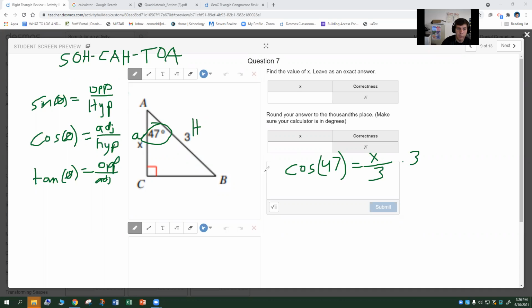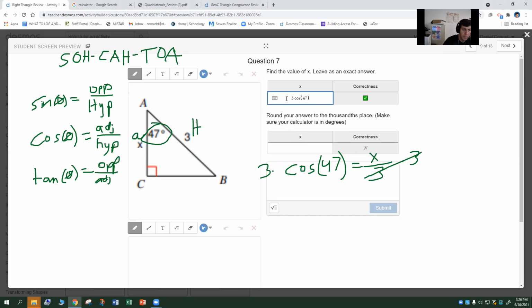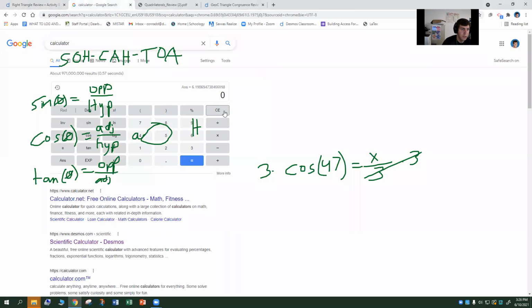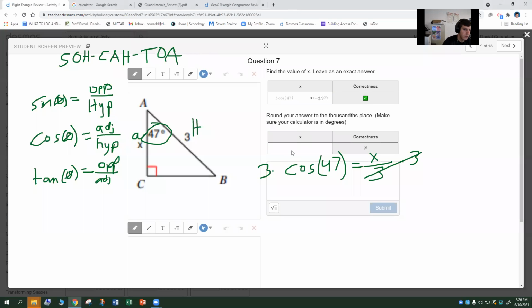And then we can multiply both sides by 3 to get x by itself. So 3 cosine 47. Right, put that in the calculator. 3 cosine 47. Make sure in degrees, and that's 2.046.